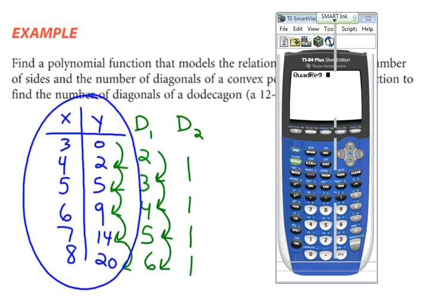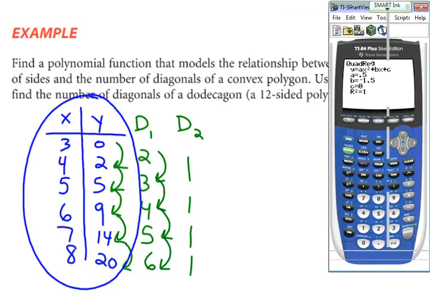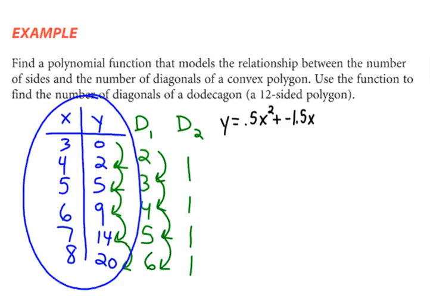We hit enter, and it gives us the quadratic: y equals a, which is 0.5, x squared, minus 1.5 x, plus c, which is 0, so we don't even have to write that down. So our polynomial function is y equals 0.5 x squared minus 1.5 x.